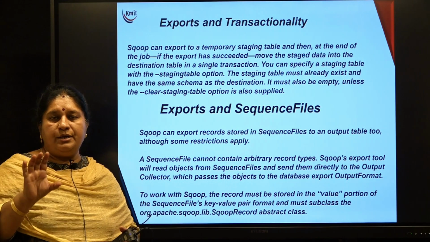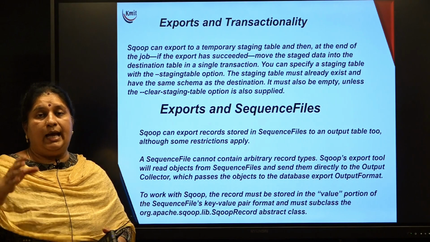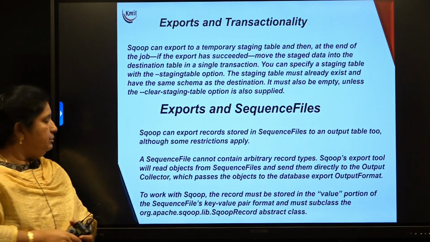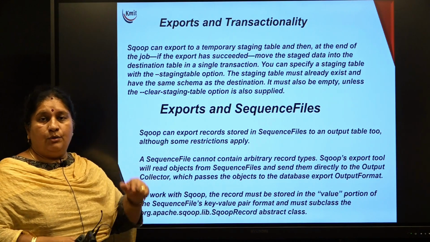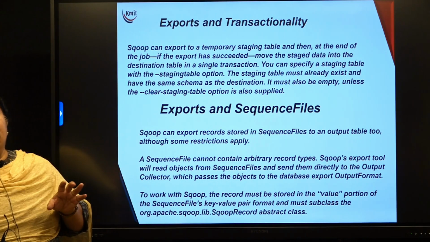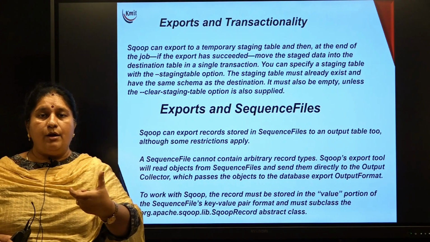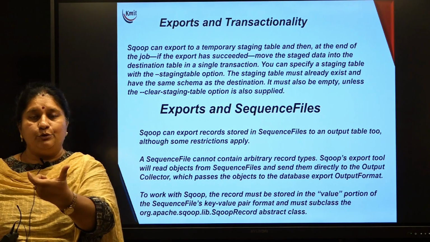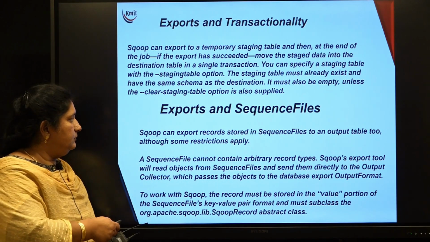When you take data from a sequence file and export it into a table, it has to subclass this particular class, and also in sequence files the data will be in the form of key-value pairs. So the entire record information should be in the value portion of the sequence file.